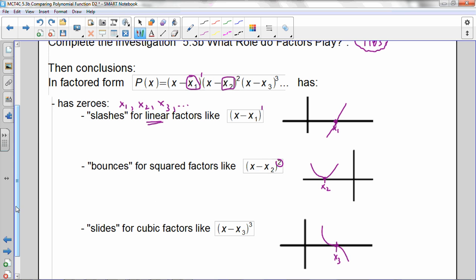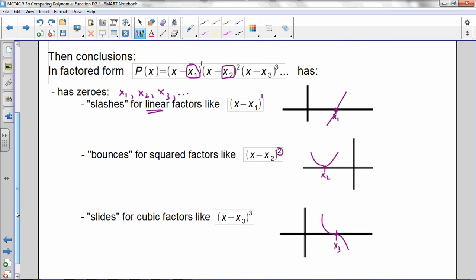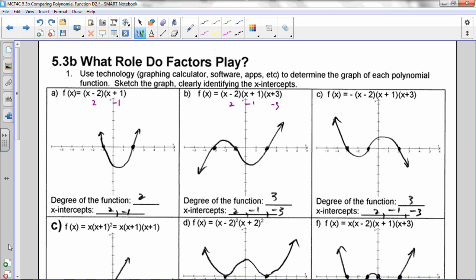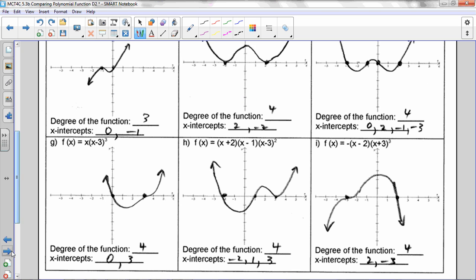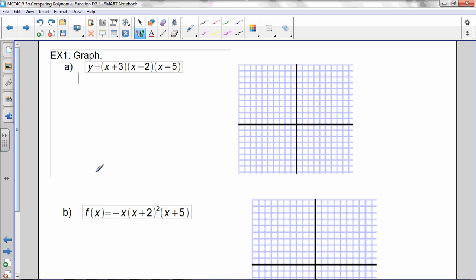All right, so the idea now is we're going to put what we learned last class together with this fact, and we're going to be able to graph some stuff pretty quickly. That was the homework, or the investigation. So notice that if I were to expand all this out, I'd have an x to the exponent 3.